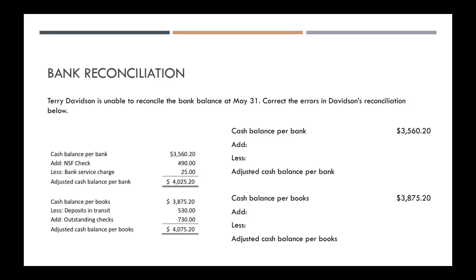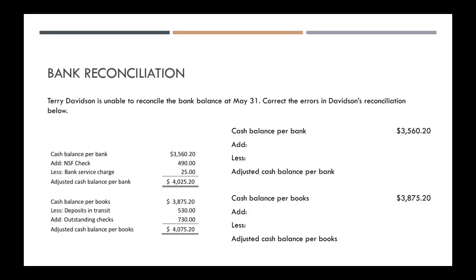So that's that $3,560. Then we need to think about, okay, what gets added to the per bank side? Well, Terry Davidson over here incorrectly added the NSF check. That's not going to go there. So we have to think about, from these different adjustments that we are given, what would go under the per bank side?